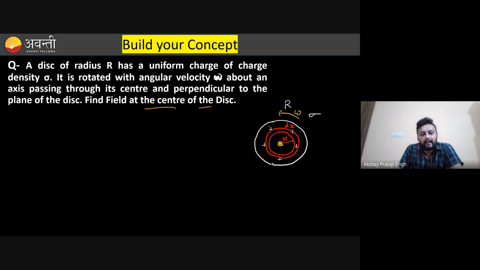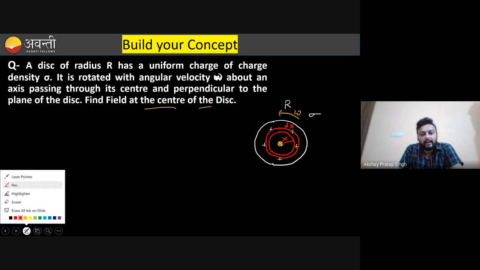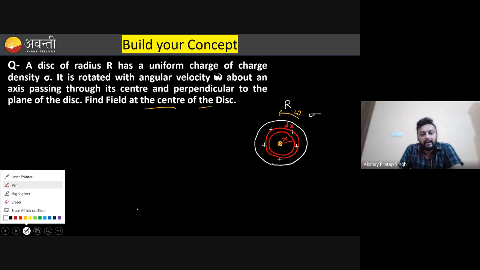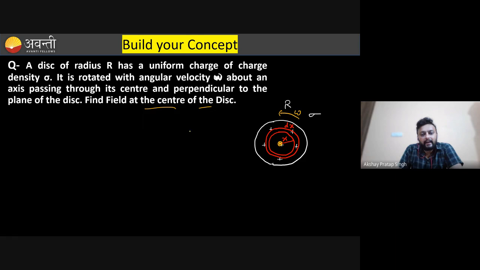So we know the formula of magnetic field due to this loop. We will calculate that. Can you see that there are a lot of rings that can be formed of different areas, so we can integrate it. So let's try to find out the current. First of all, the charge on the ring.